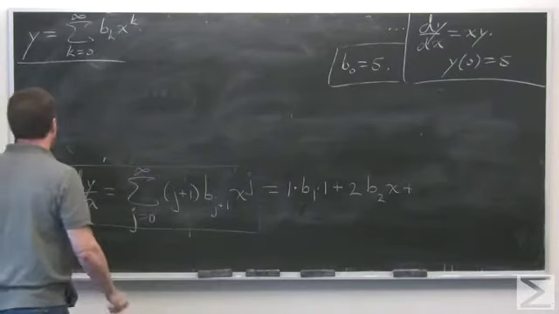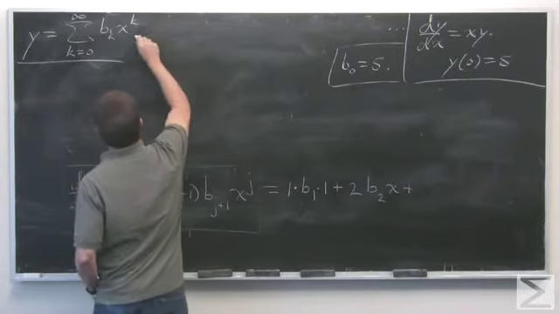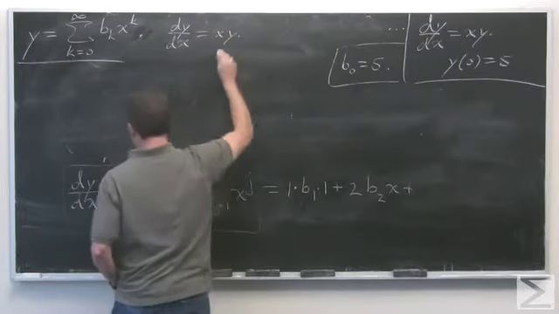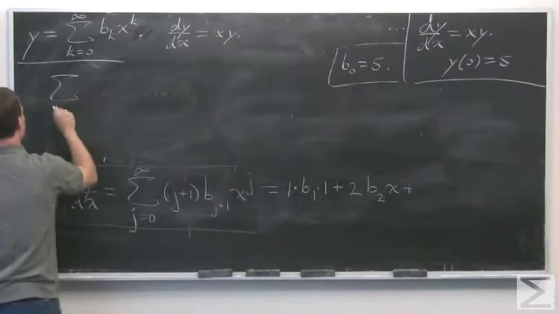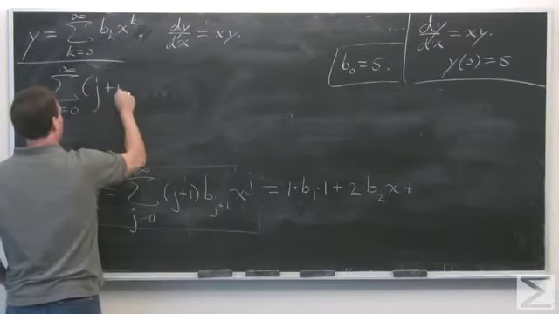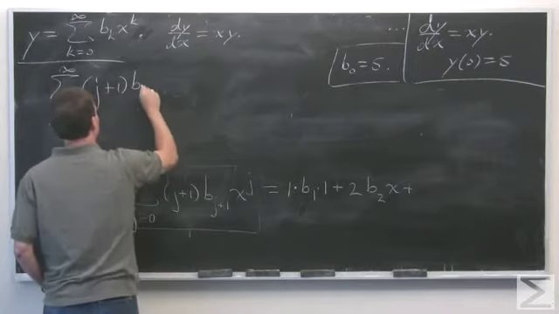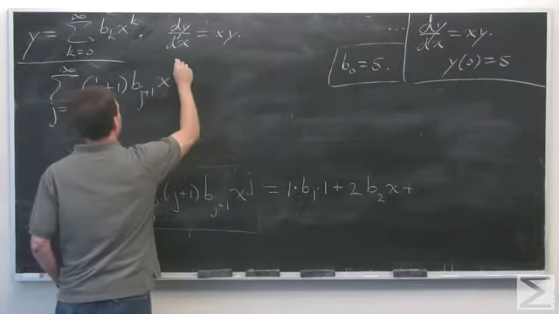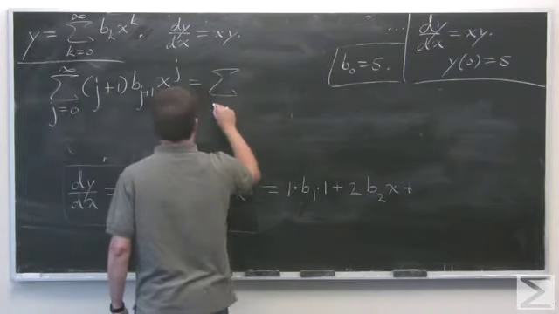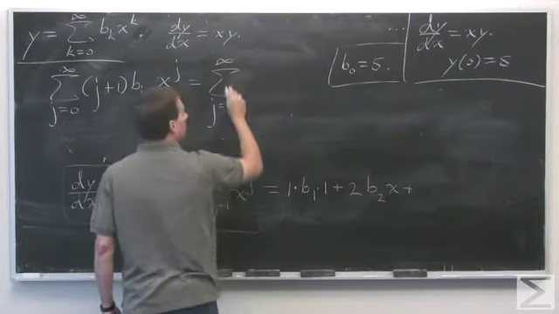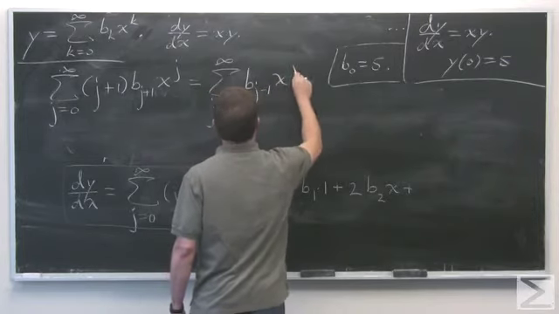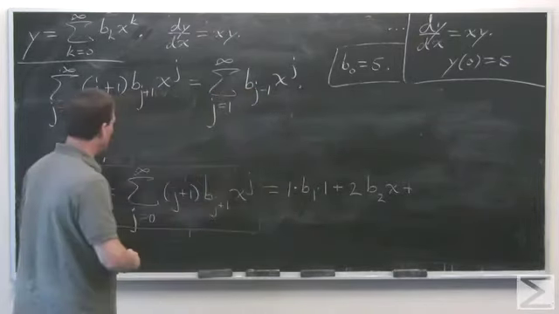We've just found then that the equation dy/dx equals x times y becomes the sum as j goes from 0 to infinity of j plus 1 times b sub j plus 1 times x to the j, so that was dy/dx, equals the sum as j goes from 1 to infinity of b sub j minus 1 times x to the j. This.